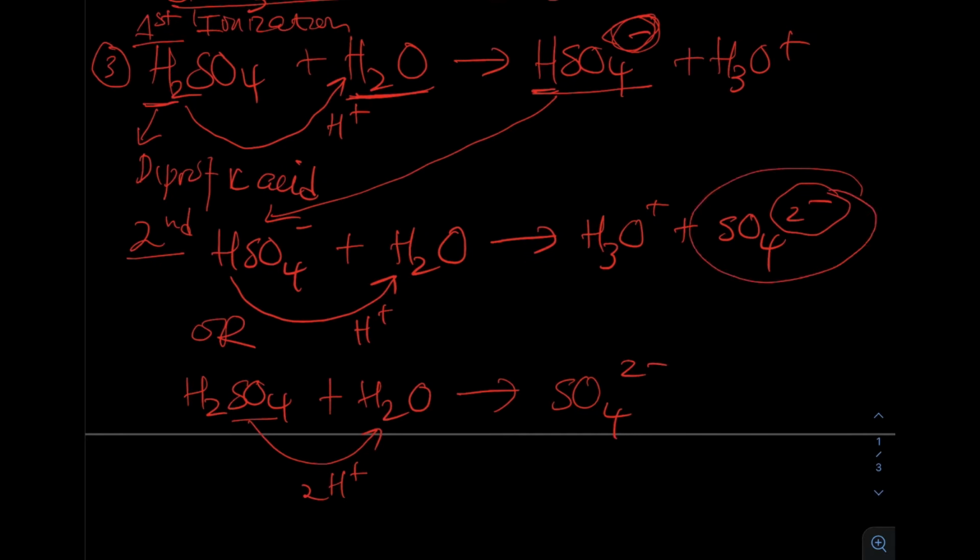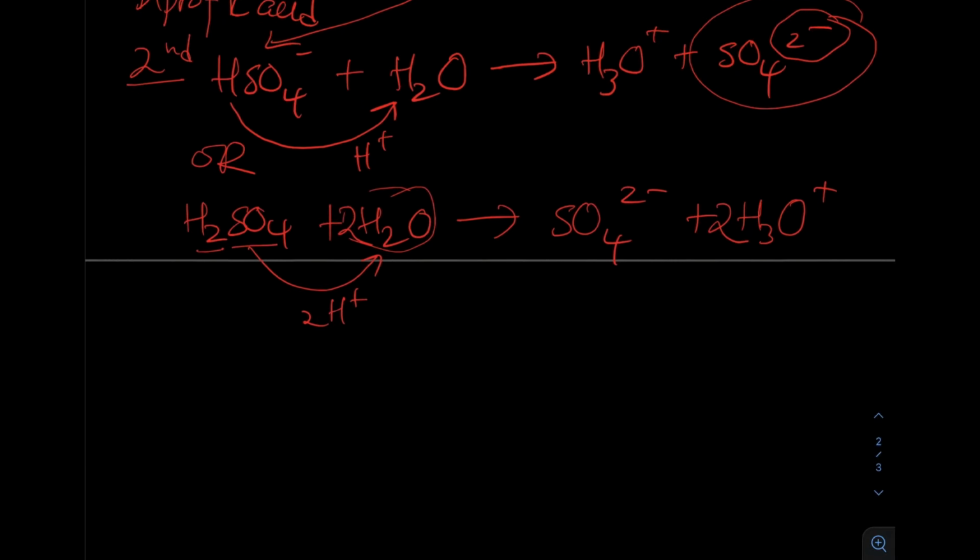Basically, this water will take the 2 protons. It will continue to be that, but there will be 2 of them. So it must be 2 water molecules that take 2 protons. 1 water molecule can take 1 proton. So there must be 2 of them that take the 2 protons. Right?